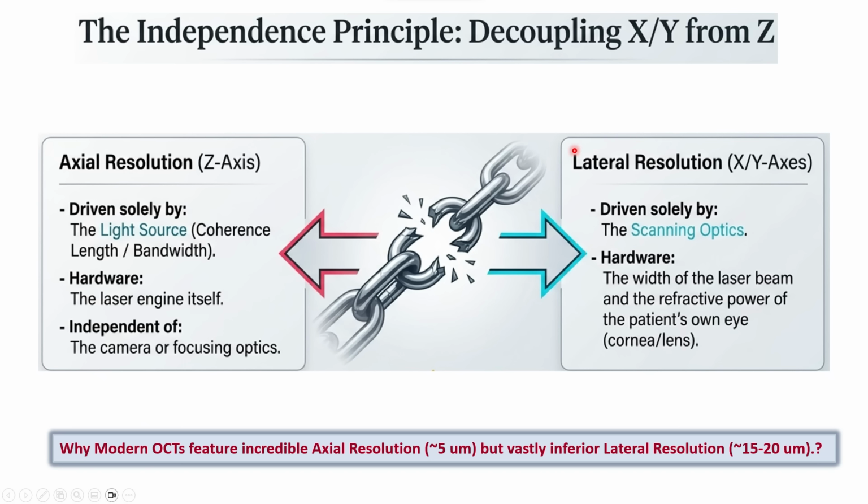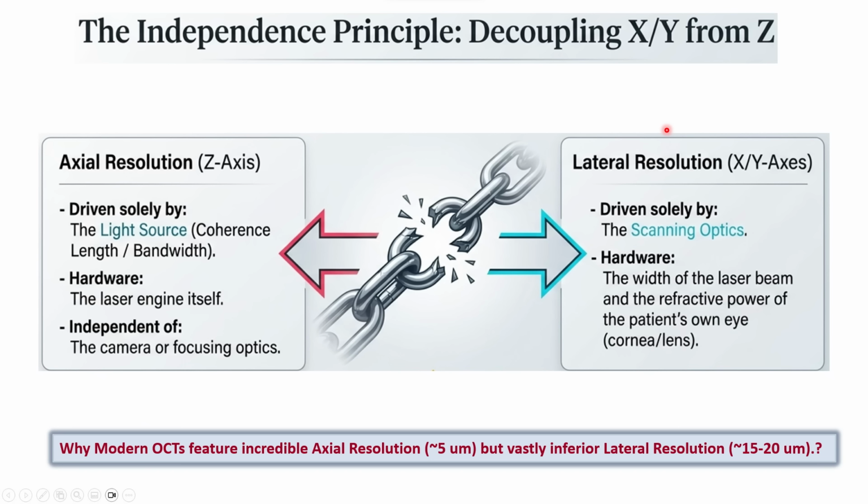However, the lateral resolution is the resolution of the image that you see along the XY axis, like the picture of the fundus that you can see. All of us have noticed that when you look at the B scan of the retina, you will find very fine details for each layer from the retinal nerve fiber layer up to the retinal pigment epithelium.